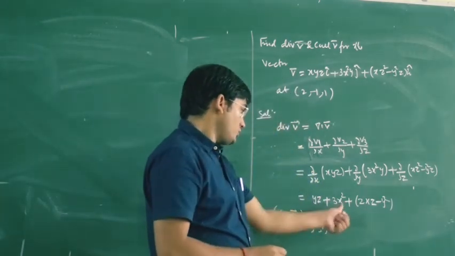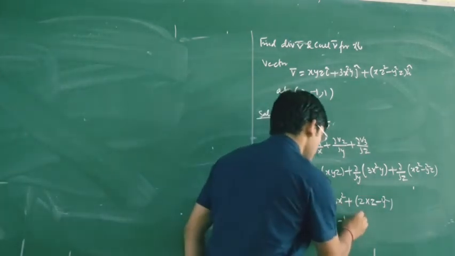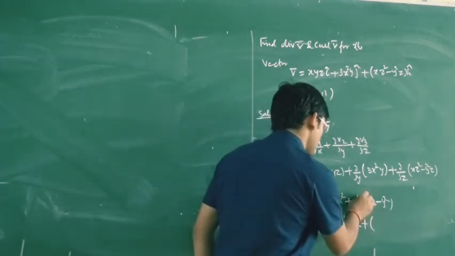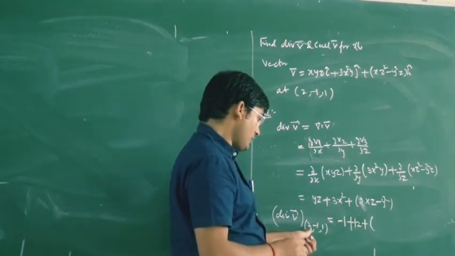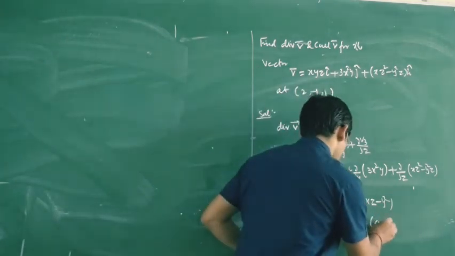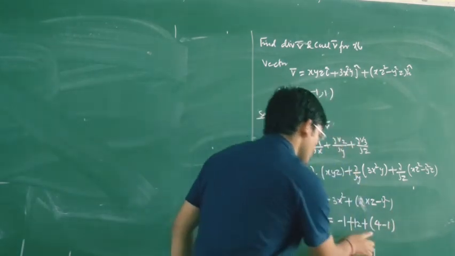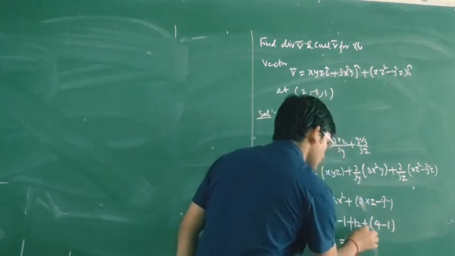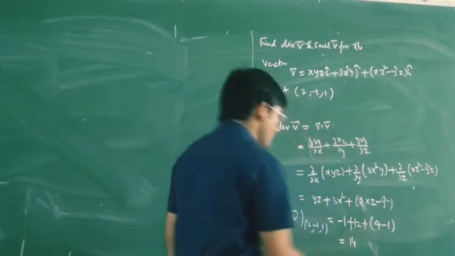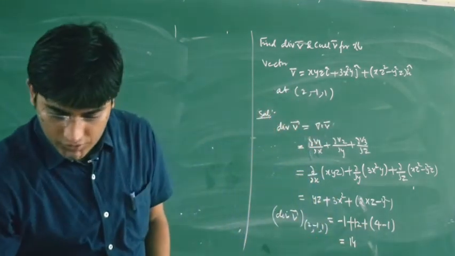Then 3 into x square, so this will be 12. Then 2 times xz, so 2 times 2 times 1 is 4, minus y square, that means 1. So this is 12 minus 1 plus 4 minus 1, so divergence of V is equal to 14.